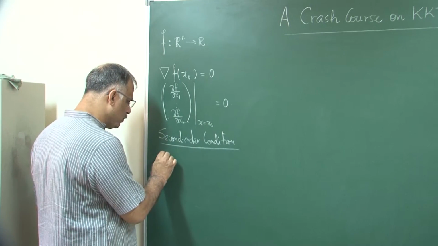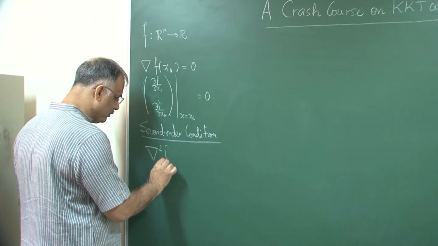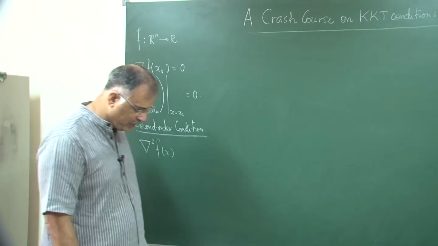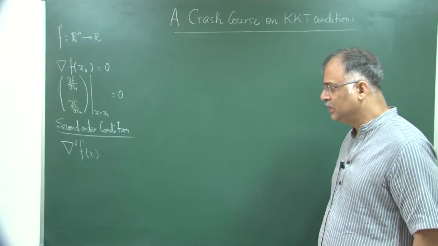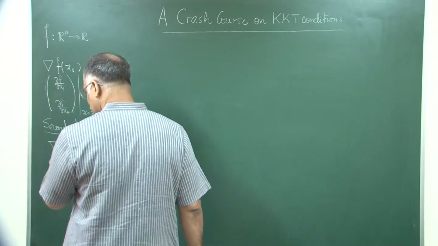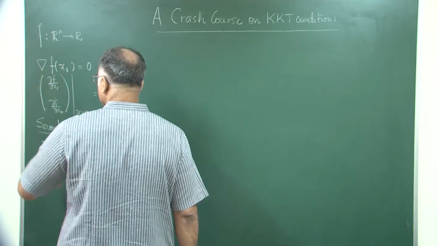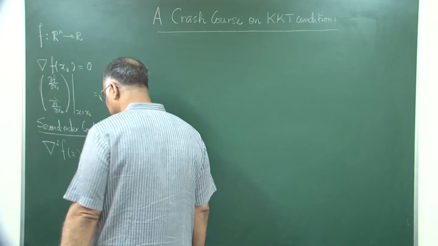You have to know how to compute what is called the Hessian matrix of f. The Hessian matrix is nothing but the Jacobian matrix of the gradient, or rather a matrix whose individual rows are the gradients of del f del x1 up to del f del xn.